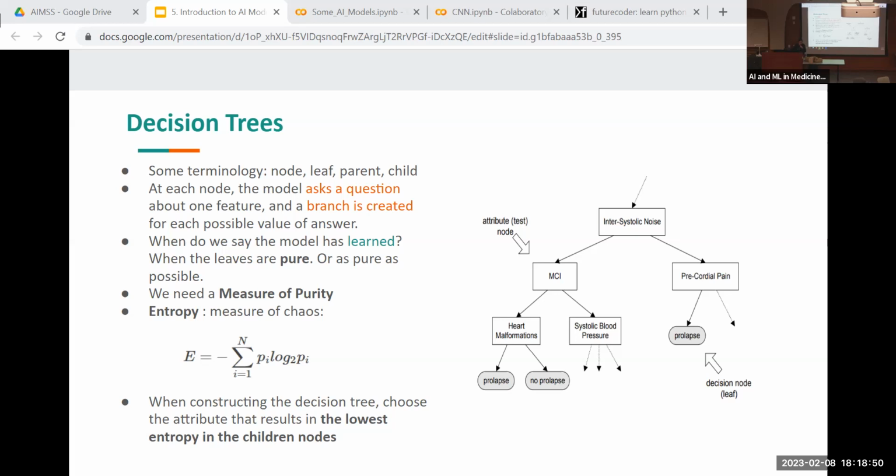In this case, it's entropy. There are also other measures of purity, but the math is not important here. What's important is that we're looking for a decision tree which produces the purest result for us. So this is the general idea of a decision tree.